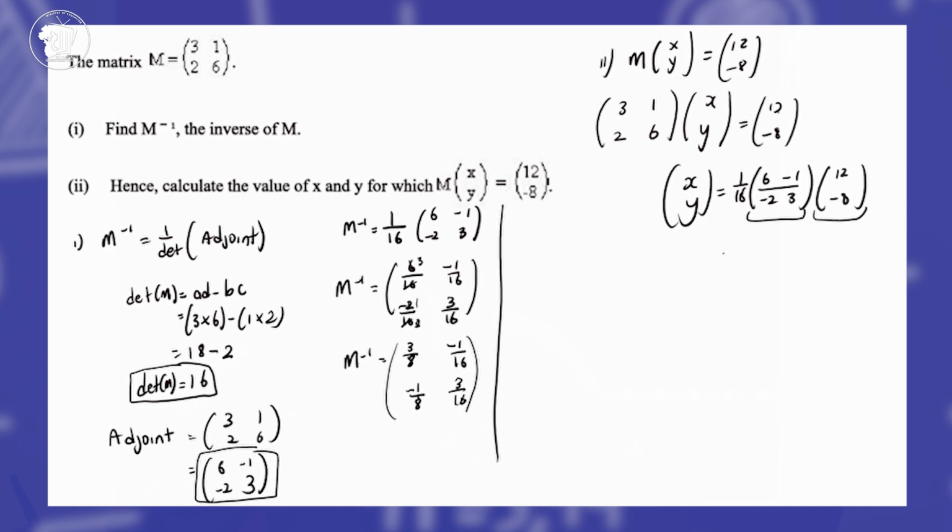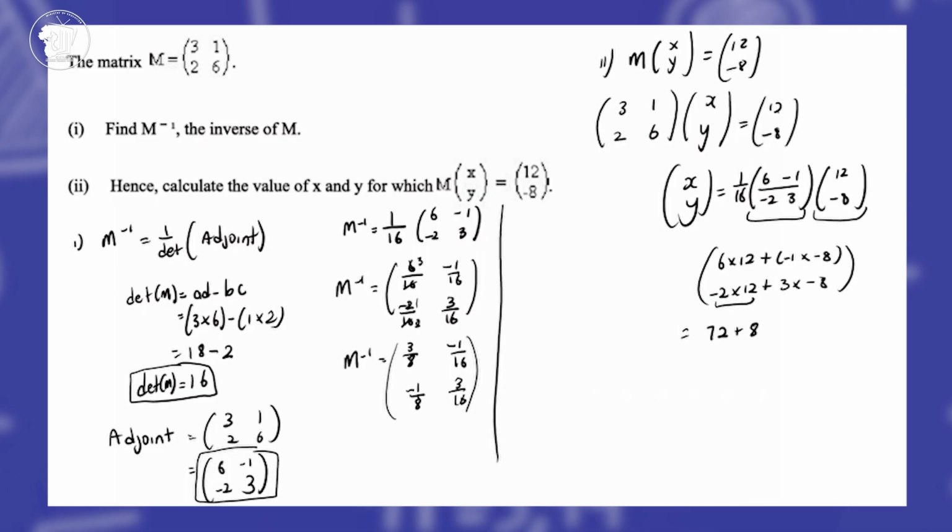So it will be 6 times 12 plus negative 1 times negative 8. Then it will be negative 2 times 12 plus 3 times negative 8. When I work this out, I'll now have 6 times 12, 72, plus negative 1 times negative 8 would be a positive 8.